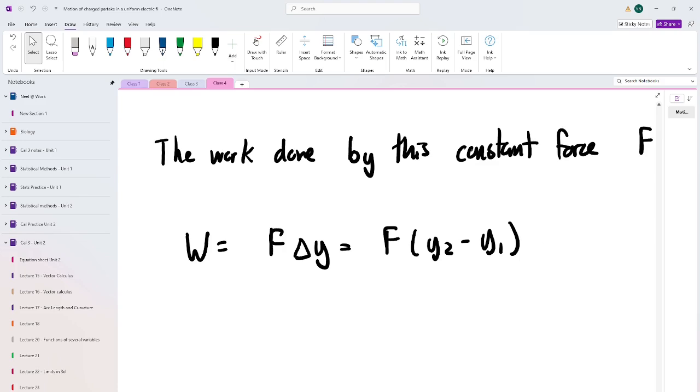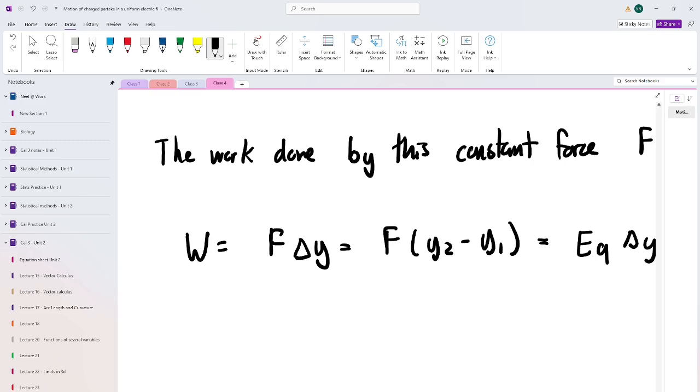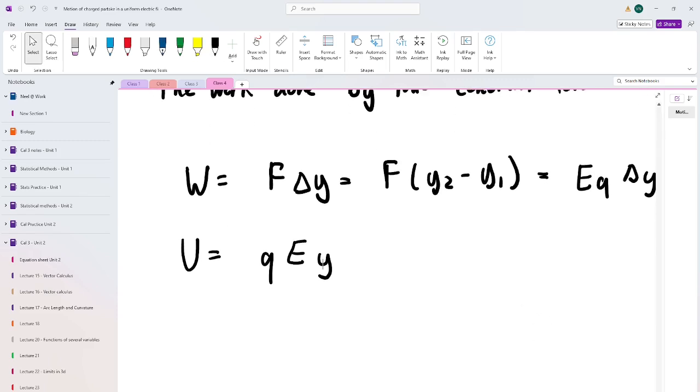So we could also say then that the potential energy is equal to, actually what we can do is replace F by QE. So let's call that like that. U, the potential energy, is equal to QEY, where we're replacing delta Y by Y. So V, that's U, and this is V, is equal to EY.